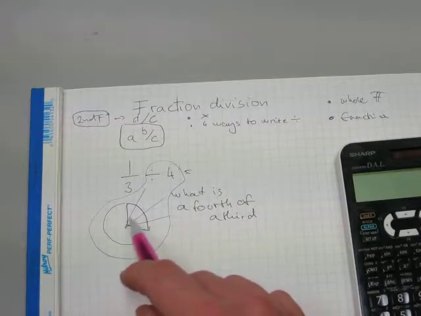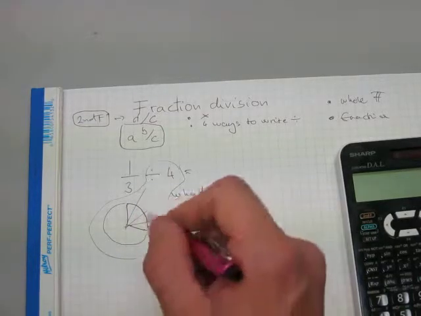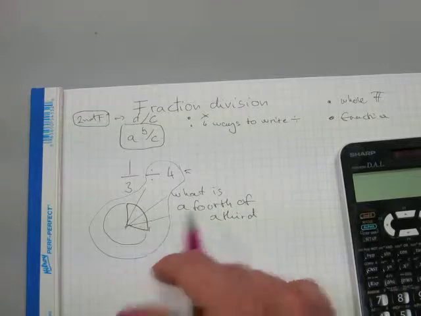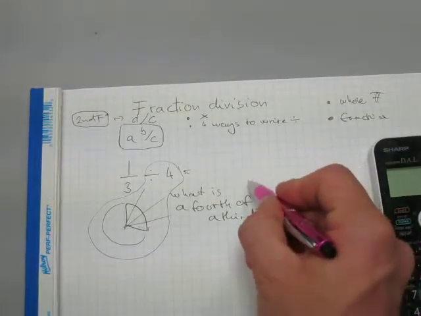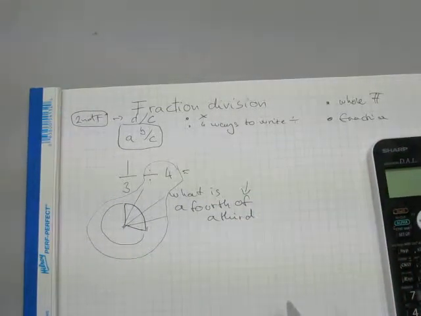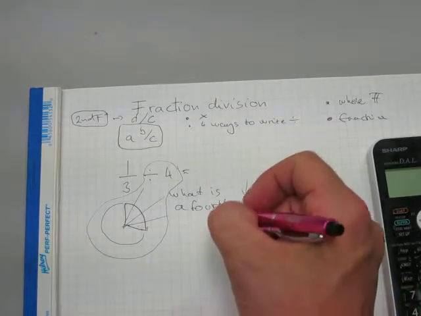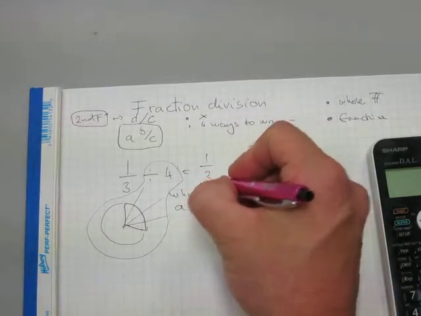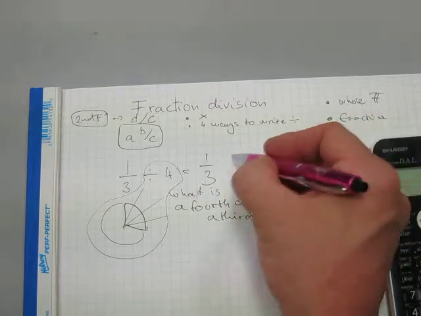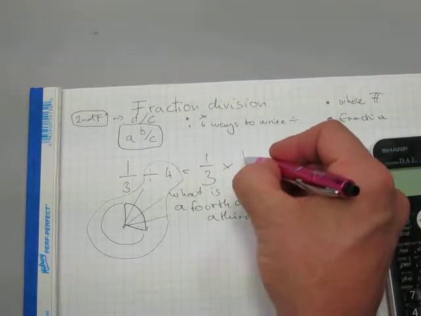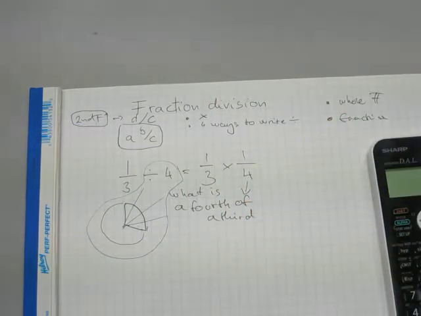But by dividing by 4, we're making fourths of a third. And this word of refers to multiplication. That's why 1/3 of a fourth could also be written down in this format.